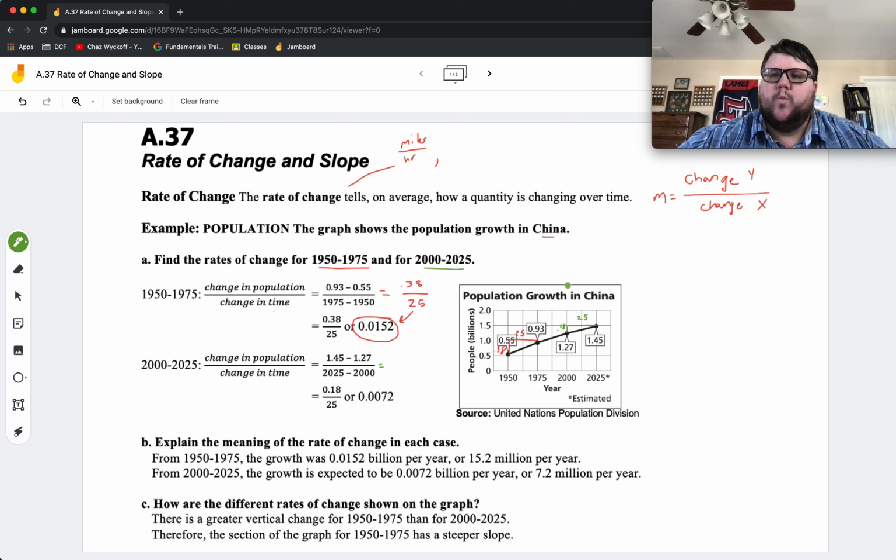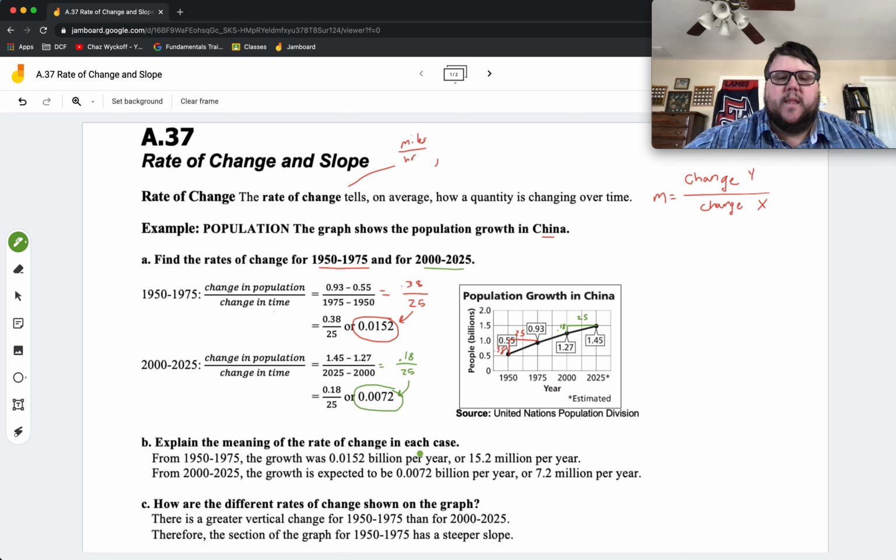So my change in y, up and down, is 0.18 divided by my change in x, my horizontal, which was 25 years. So 0.18 divided by 25 gives me 0.0075. If you notice, from 1950 to 1975, the rate of change in the population was higher than the rate of change from 2000 to 2025.